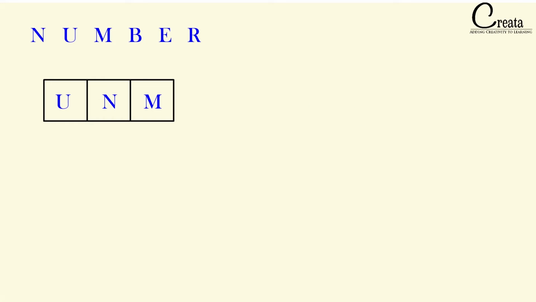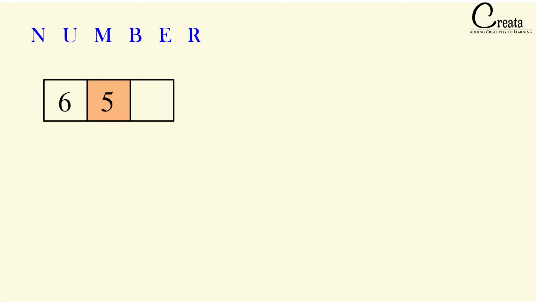So firstly, let's apply the fundamental of counting that we covered in the previous lecture. We have 3 vacant places, that is, we have to form a 3-letter word, and we have 6 letters. So in the first vacant place we can have a total of 6 letters, that is N or U or M or B or E or R. In the second vacant place we can use 5 letters.